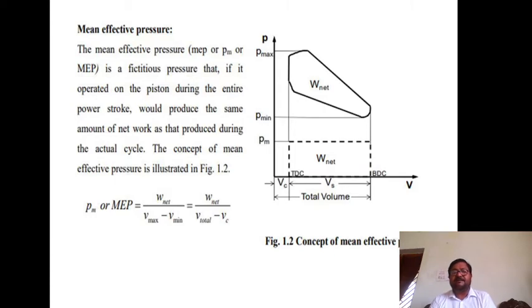That pressure acts on the piston present in the engine cylinder, so there is an outward movement of the piston, and the pressure force applied on the piston is converted into mechanical work. That is the mean effective pressure.